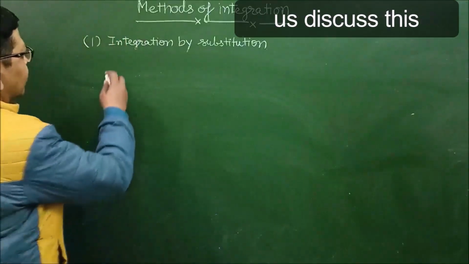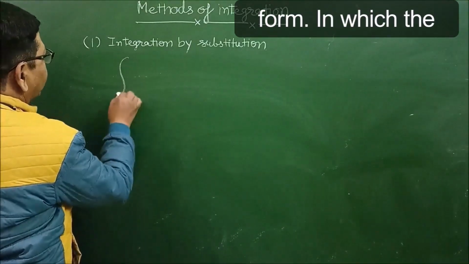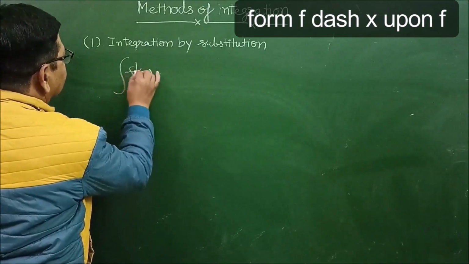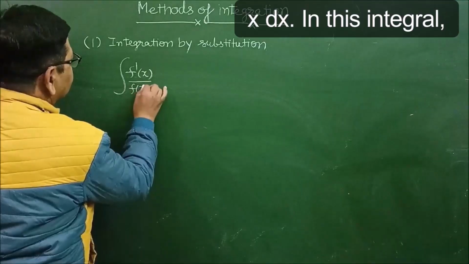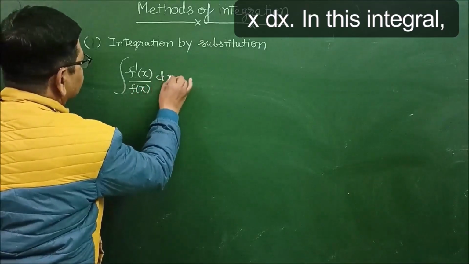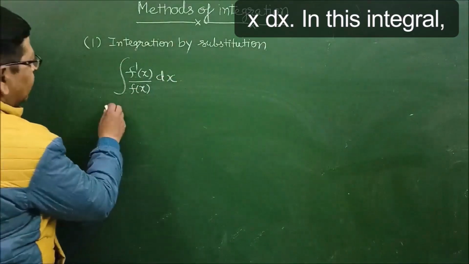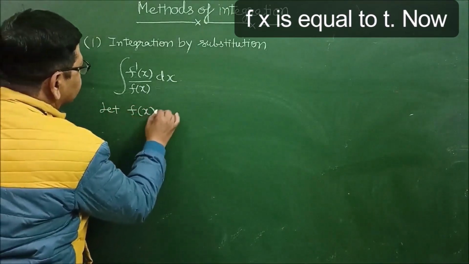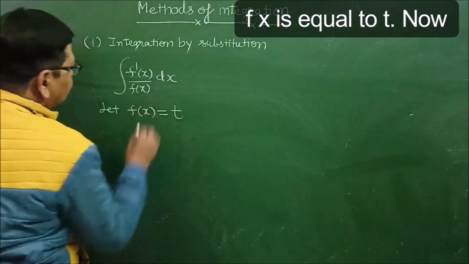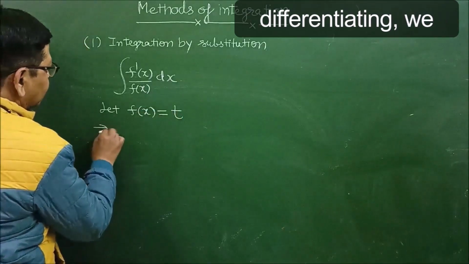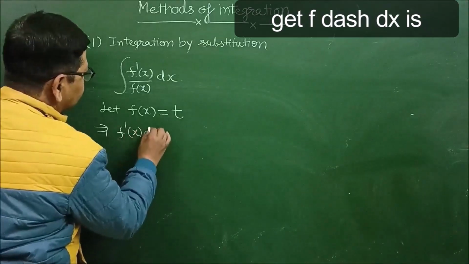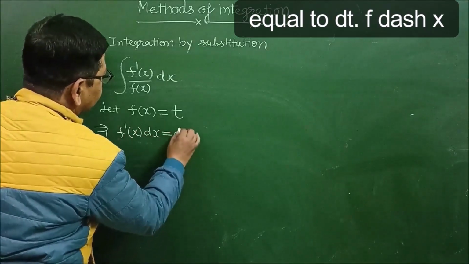So let us discuss this form in which the integral is of the form f dash x upon fx dx. In this integral, let fx is equal to t. Now on differentiating we get f dash x dx is equal to dt.